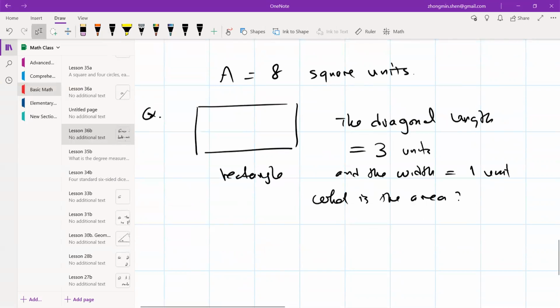Square root of 8. Joshua, what do you got?